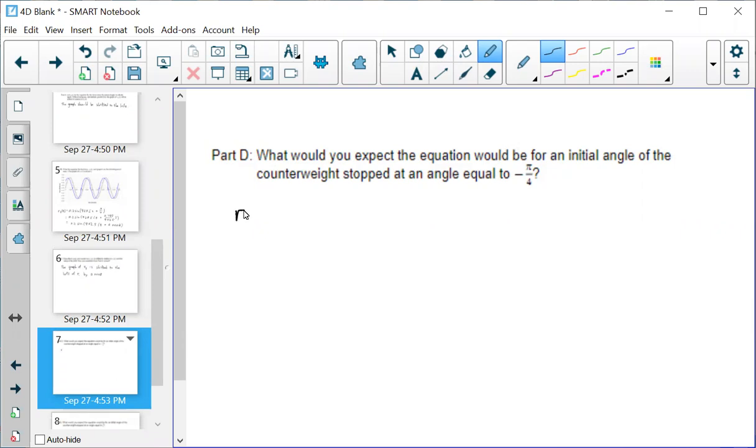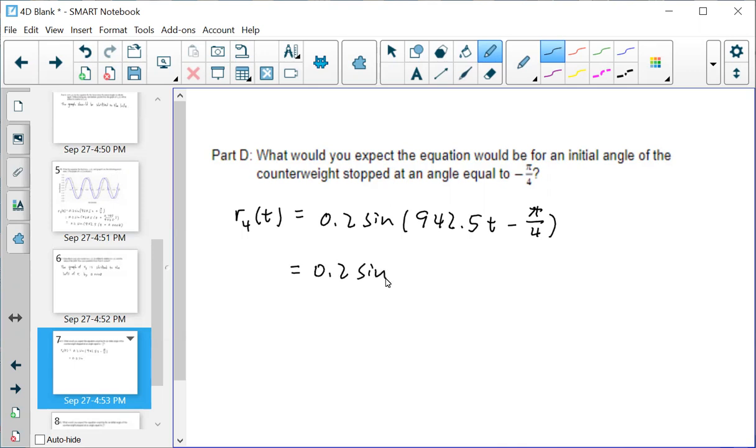Well, we could write R4 of t is equal to 0.2 times sine of 942.5 t minus pi over 4, which is 0.2 times the sine of 942.5 times the quantity t minus 0.785 over 942.5.